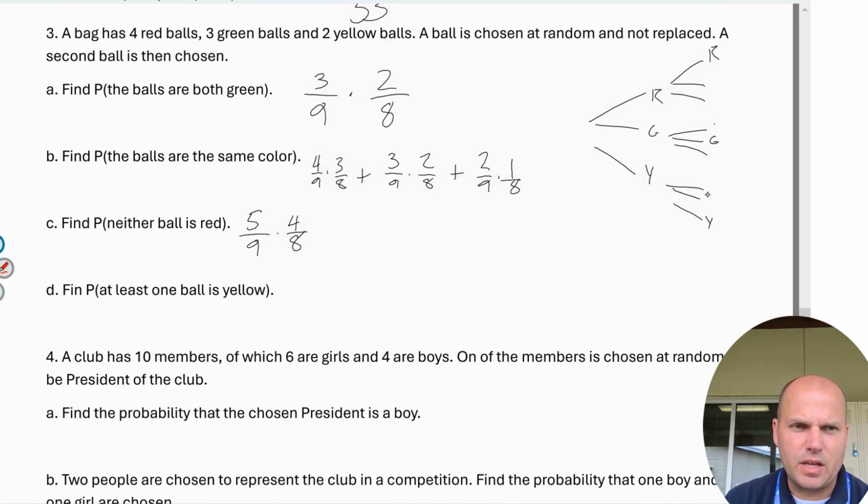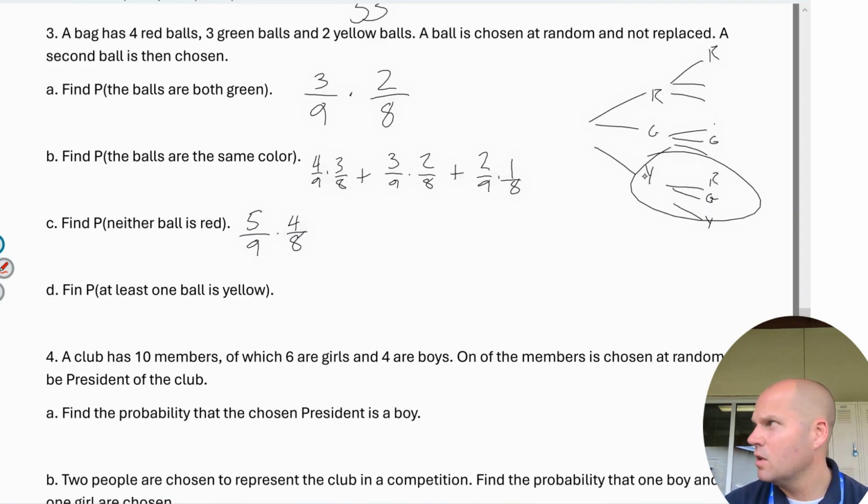Well, I have the probabilities that we have these. So that's all of the drew yellow first possibilities. But then I also have the green then yellow, and I also have the red then yellow. So I need those 1, 2, 3, 4, 5 possibilities to be added up together. And if I do it correctly, it's not going to be over 100%.